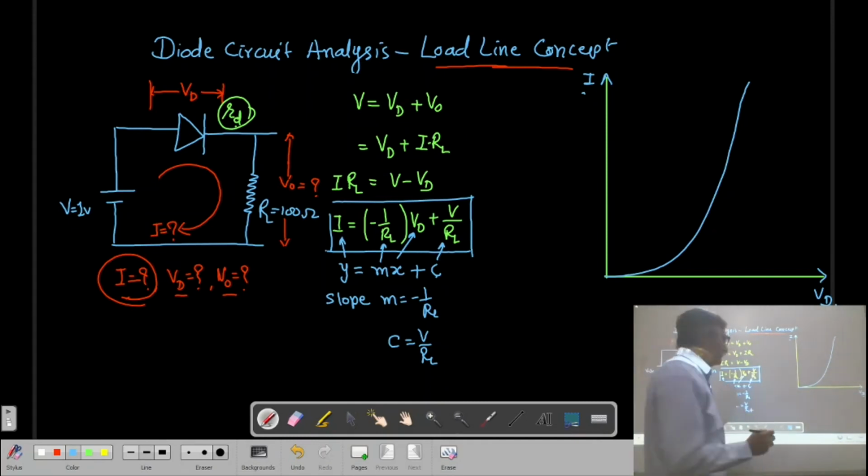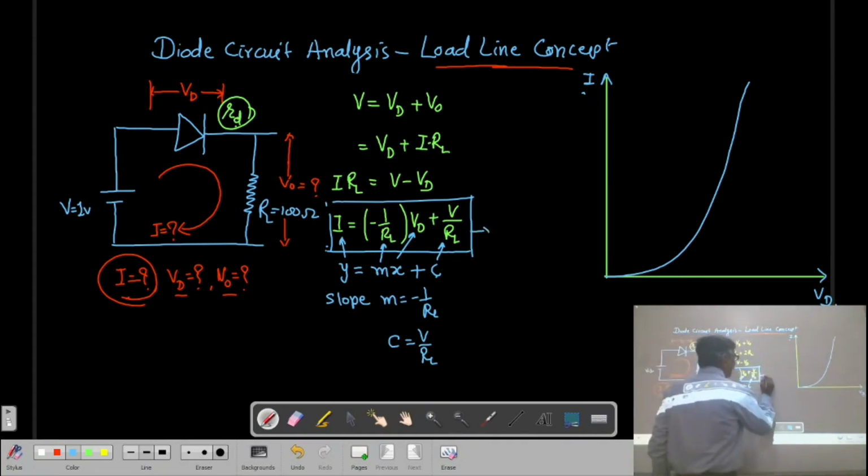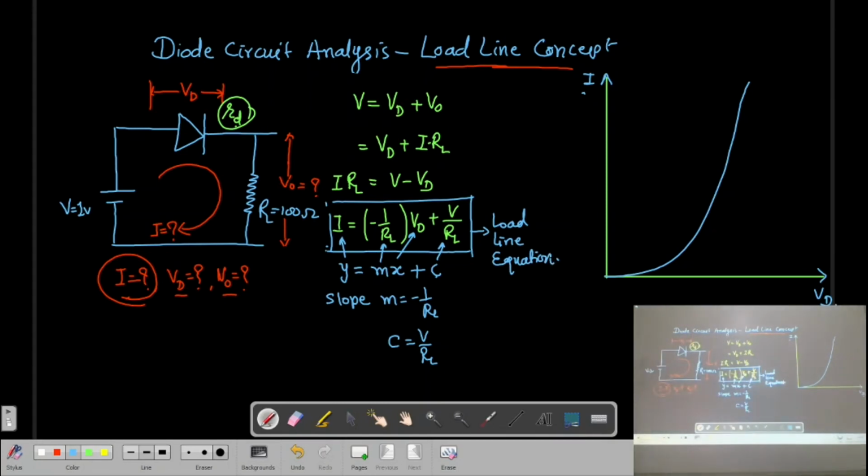The expression we have written, I is equal to minus 1 upon RL into Vd plus V by RL, is representing the equation of a line, and this is known as the load line equation. Remember, it is the load line equation.